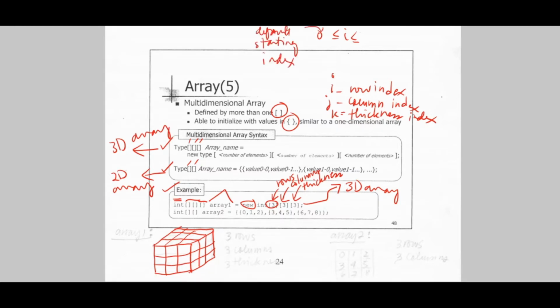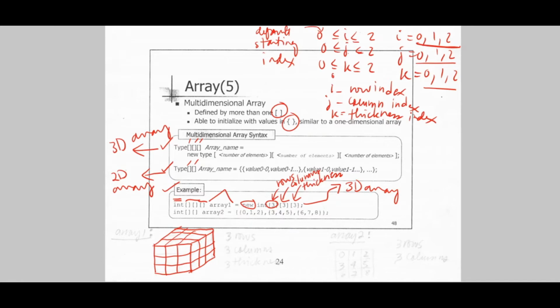So i would be from 0 to 2, your j would also be from 0 to 2, and k would also be from 0 to 2. So i is 0, 1, 2, j is 0, 1, 2, and k is also 0, 1, 2. There are 3 index values for i, 3 for j, and 3 for k.